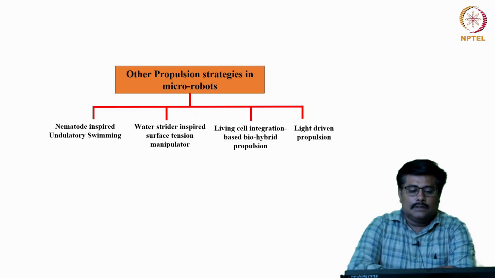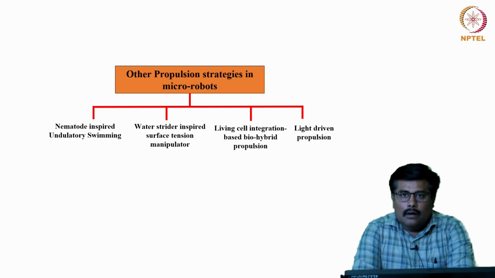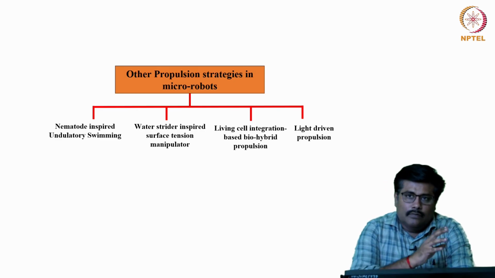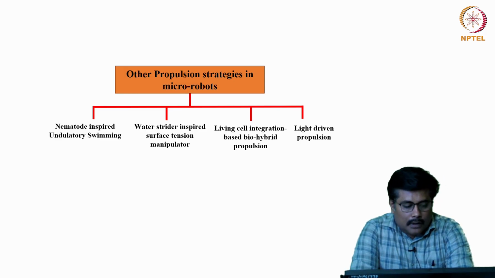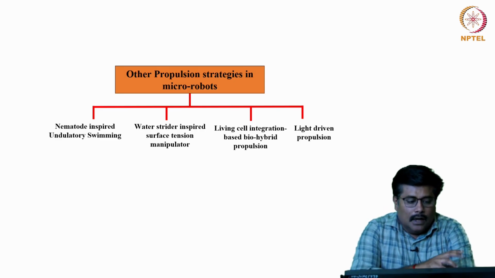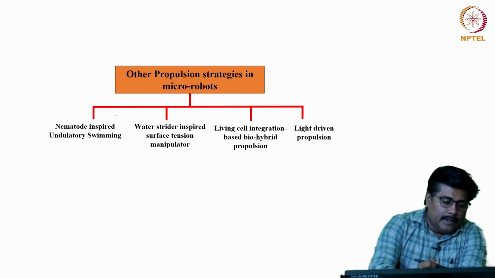Now let us discuss the other propulsion strategies in micro robots. As far as these propulsion strategies are concerned, we can classify them into four. One is the nematode inspired undulatory swimming motion, which is a propulsion based system.